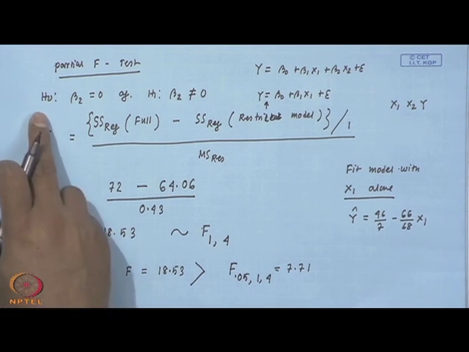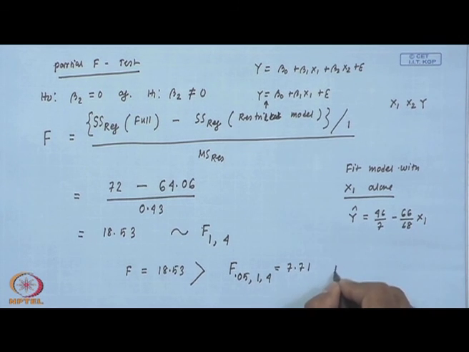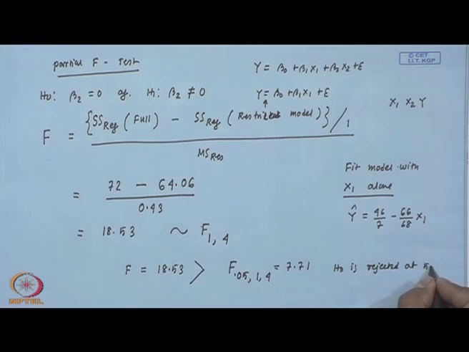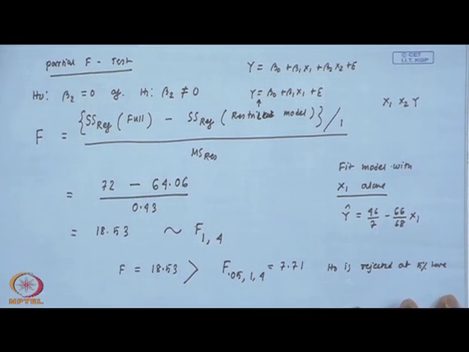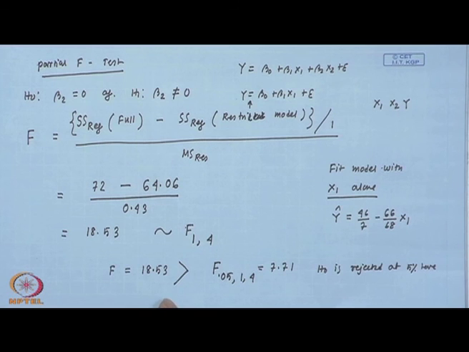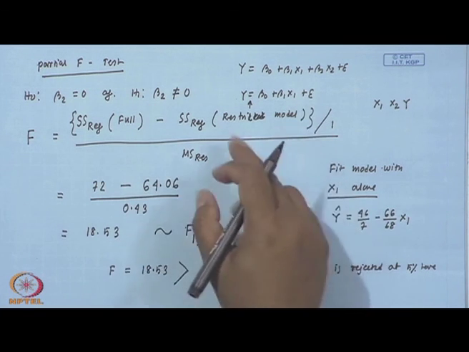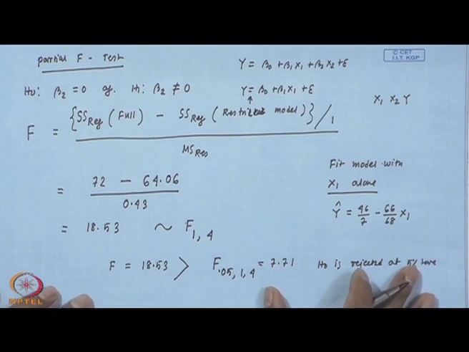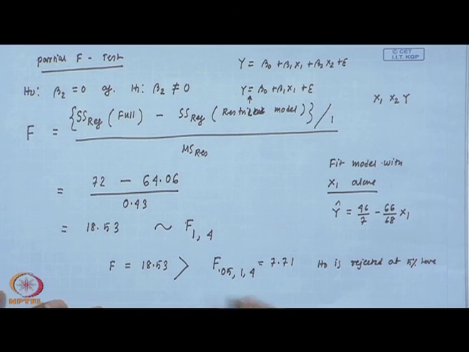So, this means H naught is rejected at 5% level of significance. And so, at the 5% level of significance, we can say that x 2 is significant in the presence of x 1 in the model. Okay. Now, let us check whether this is significant at 0.01 level of significance.